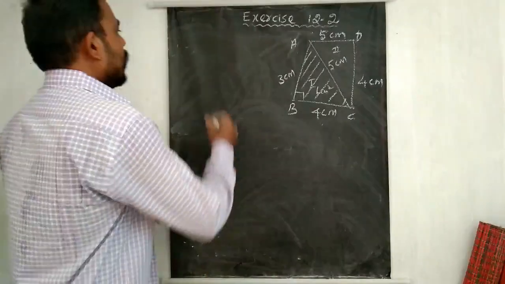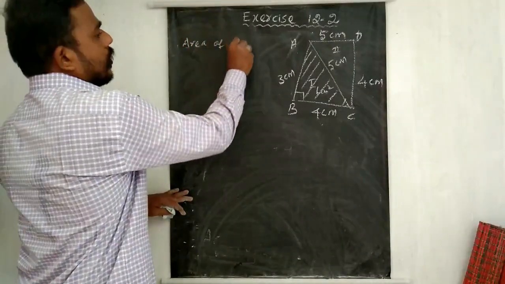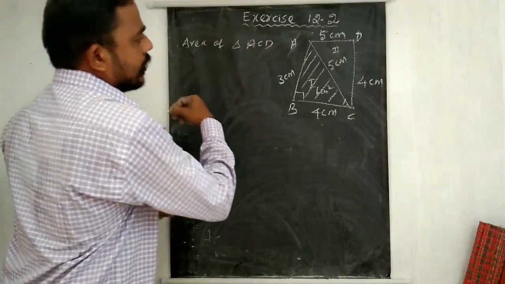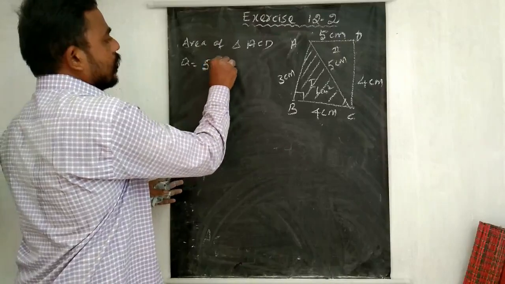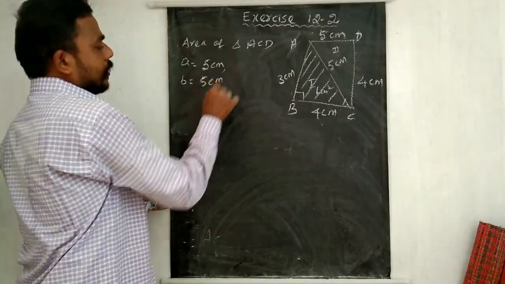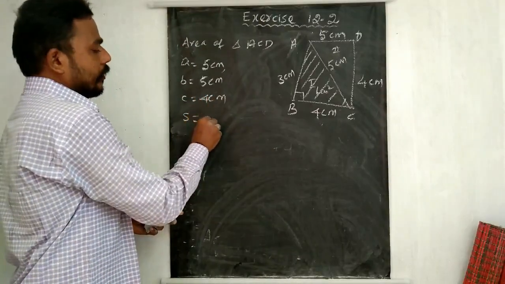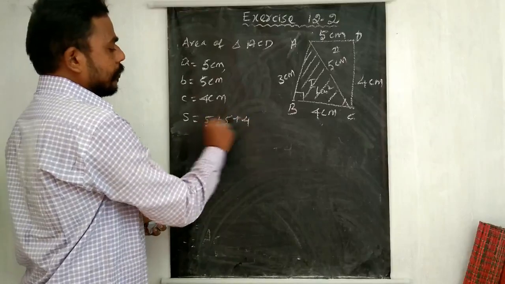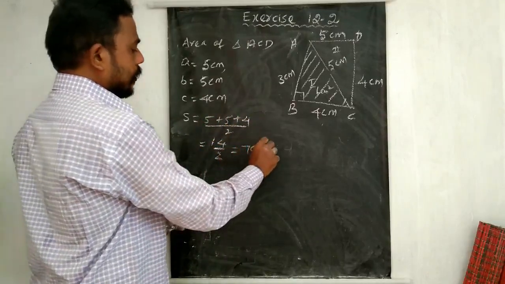Now the area of triangle ACD. Let a equal 5, b equal 5 centimeters and c equal 4 centimeters. Now s equals (5 plus 5 plus 4) divided by 2, so 14 by 2, that is 7 centimeters.